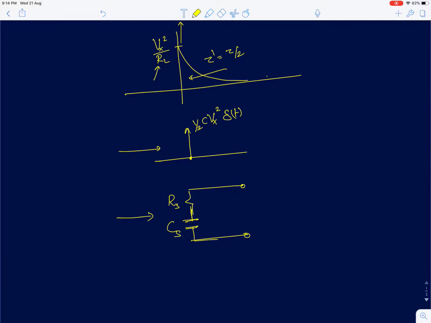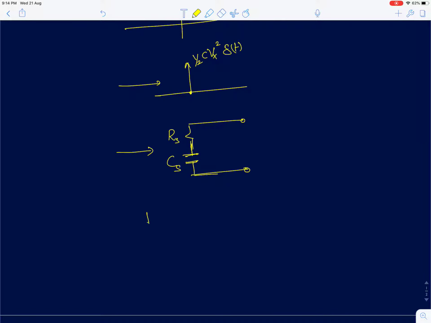Just to clarify, when we began the series of lectures, I discussed that when you connect a voltage source Vx to RL, as I keep making RL negligibly smaller, the current delivered by an ideal voltage source will tend to infinity. But to model the finite power nature of the voltage source, I said we model a finite source resistance Rs.